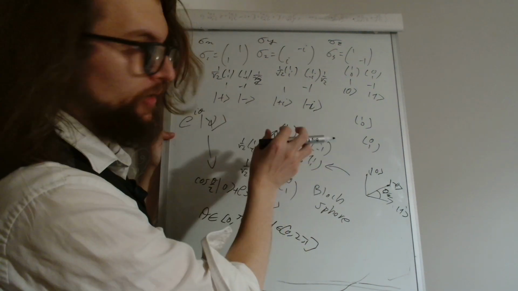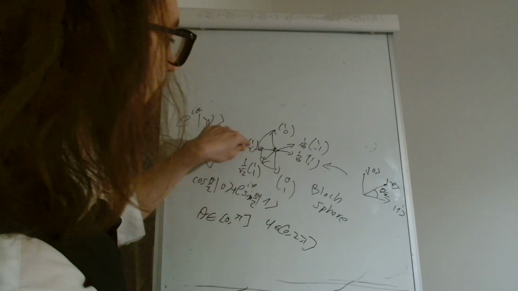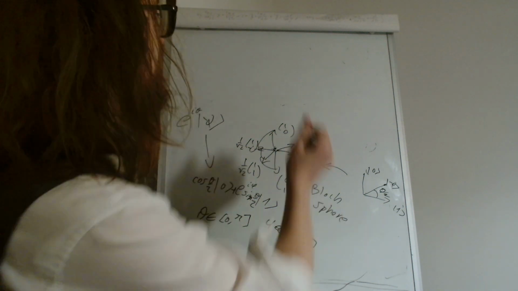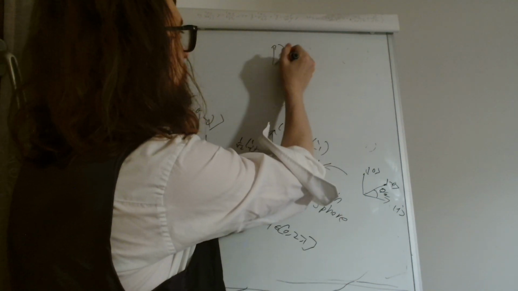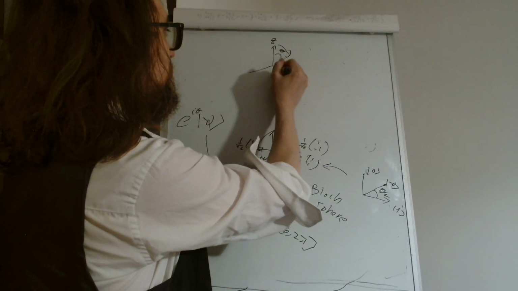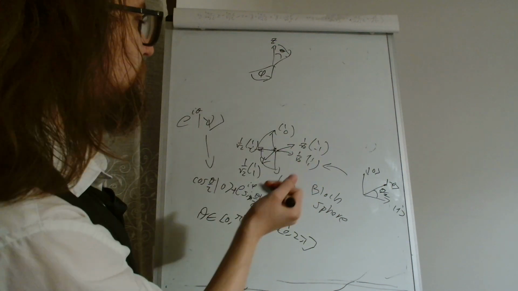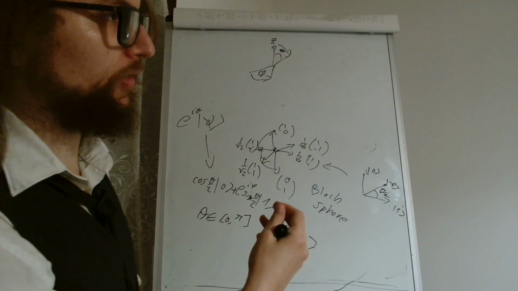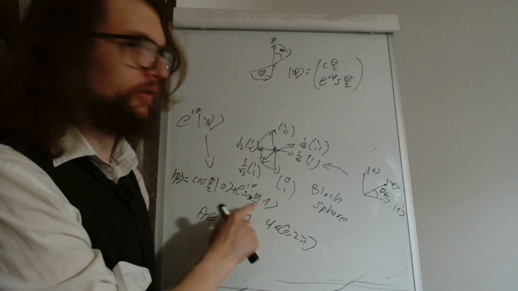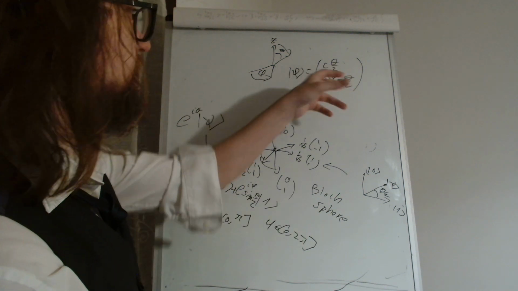You can check that the way we put the eigenvectors on the axes is compatible with this notation if theta represents the usual angle from the z-axis and phi is this angle. So if theta and phi are the common spherical coordinates, you simply write the state in this compact form here, and you substitute theta and phi.